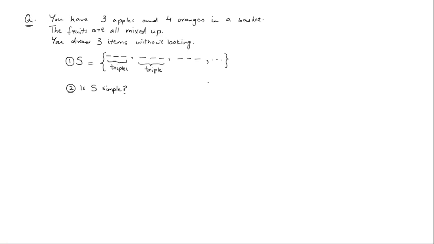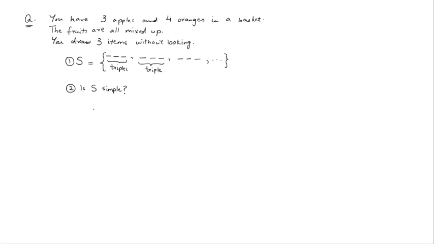If they're mixed up in the basket, then the chances of obtaining 3 oranges should be equal to the chances of obtaining 1 orange and 2 apples, which should be equal to the chances of obtaining 3 apples, because they're all mixed up.